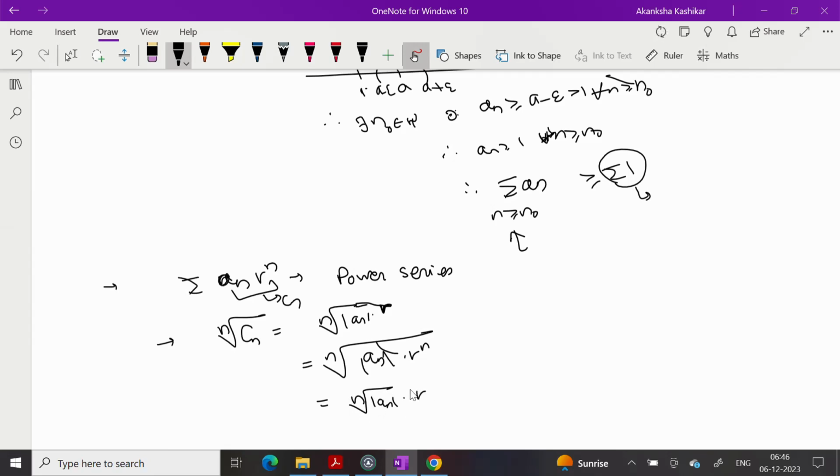So we know this will converge if the limit of this is less than 1.